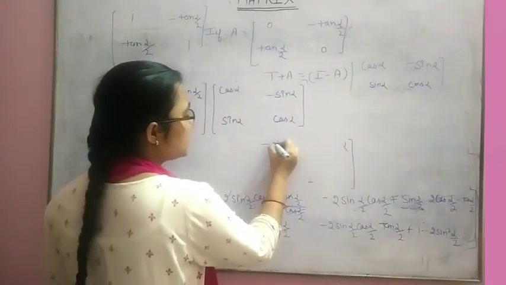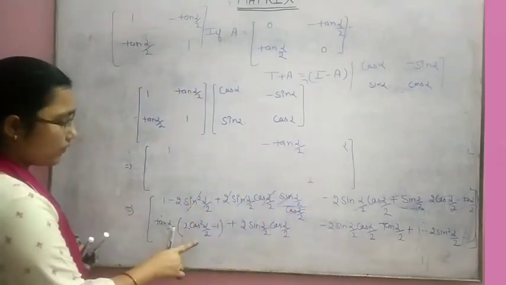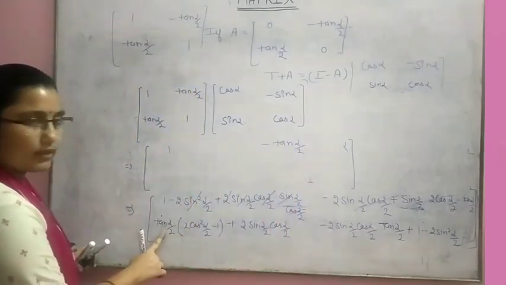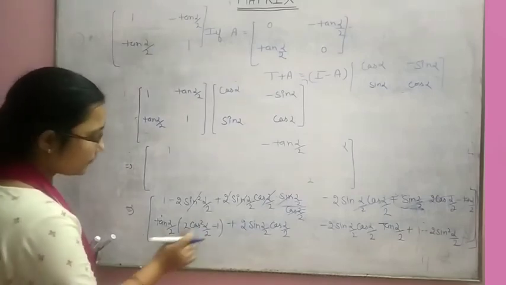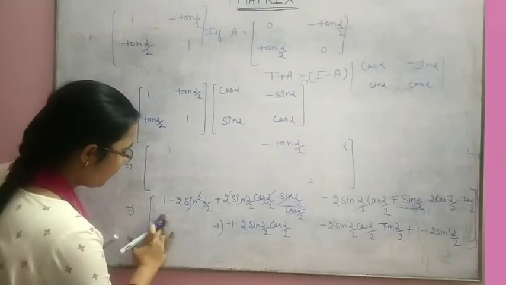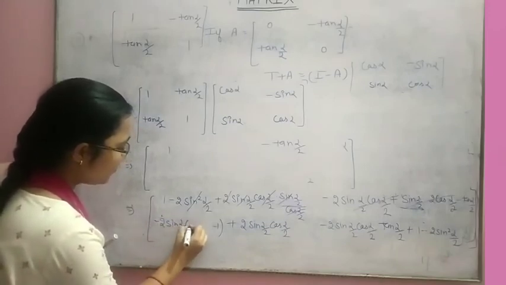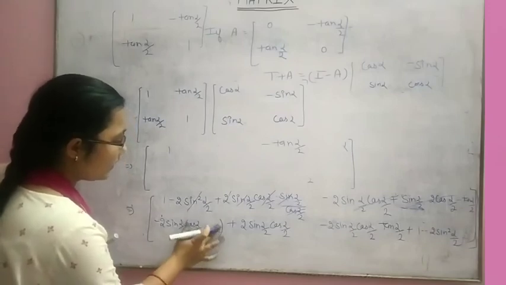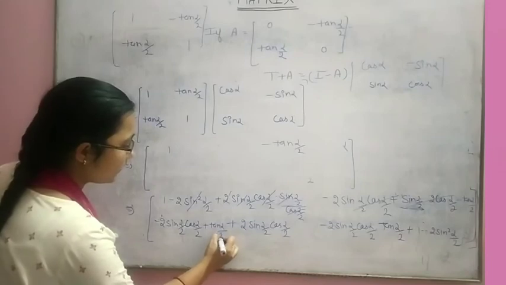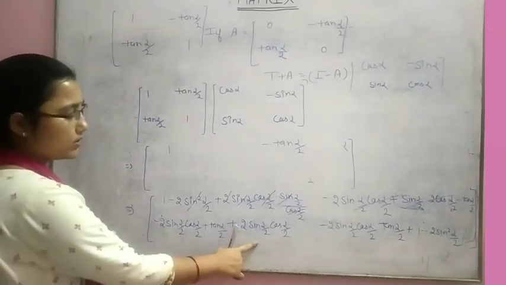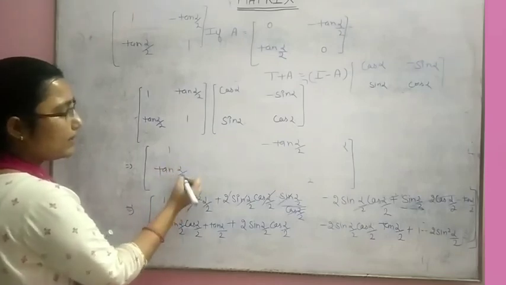So we get minus tan alpha by 2 only. For the same case, if you multiply tan alpha by 2 by 2 cos square alpha by 2, we get negative 2 sin alpha by 2 cos alpha by 2 and minus 1 converted into positive tan alpha by 2. This negative and positive will be cancelled out. Remaining is positive tan alpha by 2.